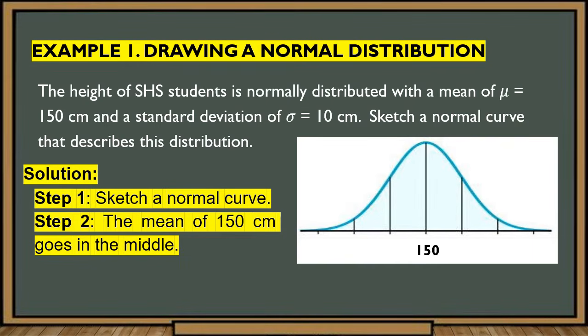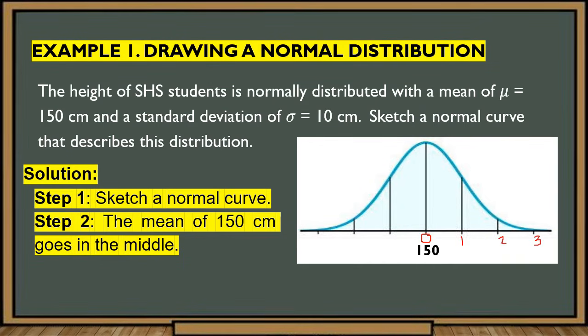Now take note that in our standard normal distribution, the mean is equal to 0 and the standard deviation is equal to 1. From the mean, the distance of one standard deviation is equal to 1. So we have here 1, 2, 3, to the right of the mean.